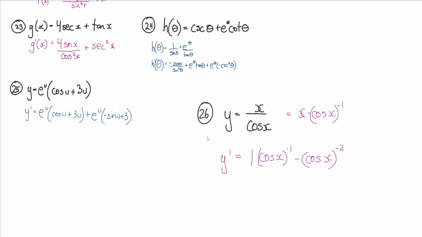Boom, boom, and then the derivative of that is negative sine of x, and then we have to keep our first the same as well. So now we can factor out the 1 over cos x, and we get 1 plus x sine x over cos x. Boom. Boom, baby. Okay.